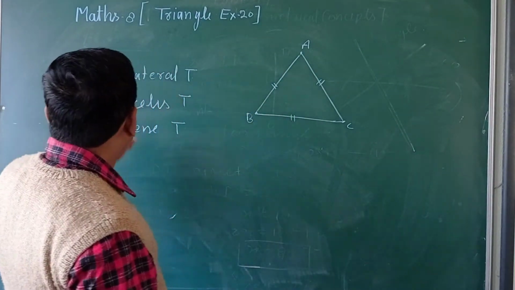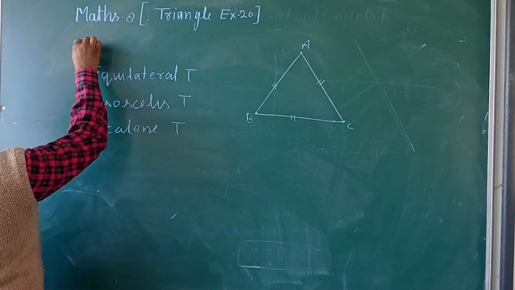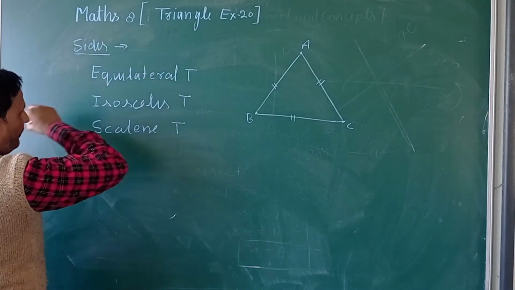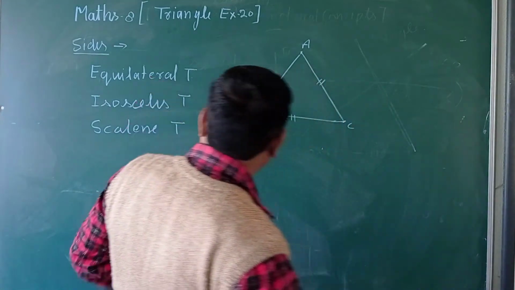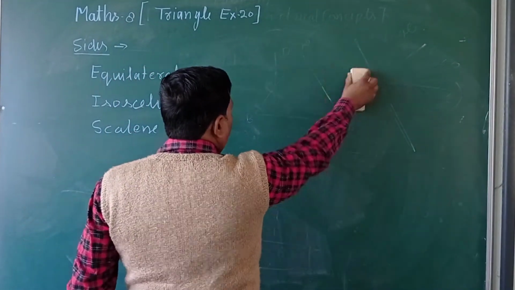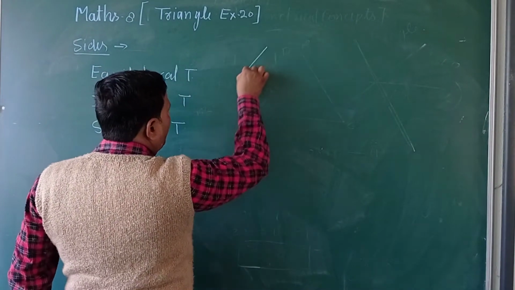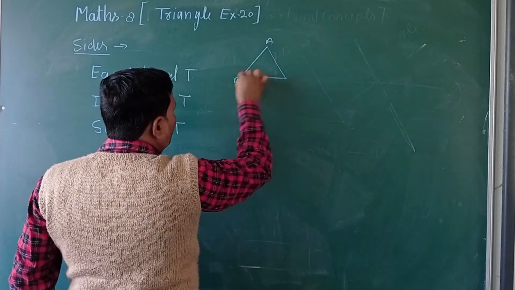Now I am going to explain types of triangle on the basis of sides. On the basis of sides, how many types of triangle? First one I have written already, equilateral triangle. A triangle having all sides equal is known as an equilateral triangle.